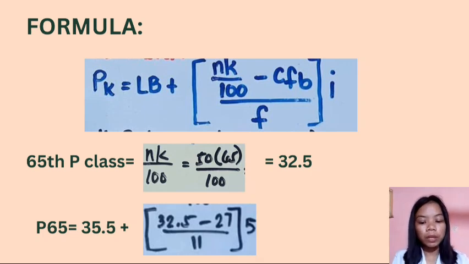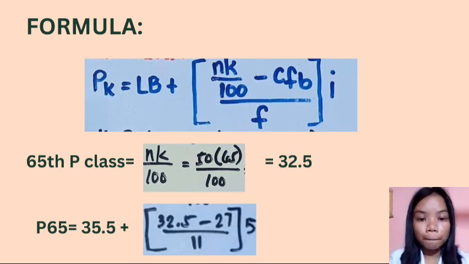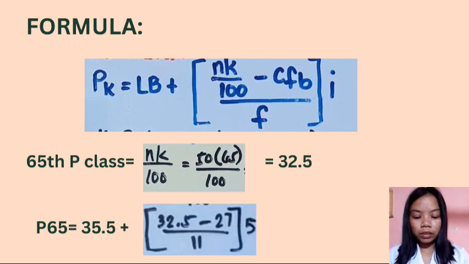First, we have to find the 65th percentile class. The 65th percentile class is equal to Nk over 100, so 50 is the total number of the frequency, times 65 over 100, which equals 32.5.